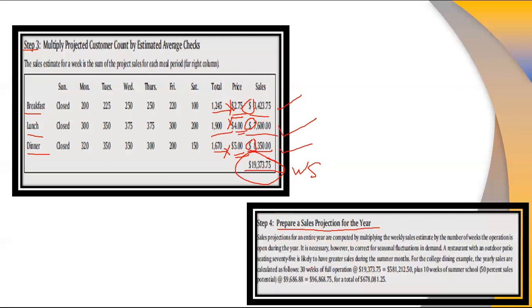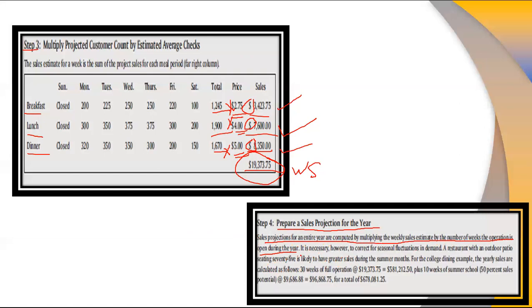For the sales projection, since we all know that we have 4 weeks in a month, we just need to have the total number of weeks in a year. Sales projection for an entire year is computed by multiplying the estimated weekly sales by the number of weeks in operation.